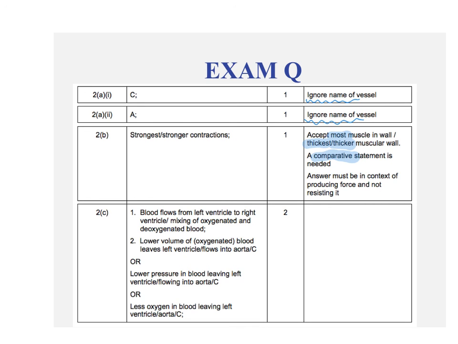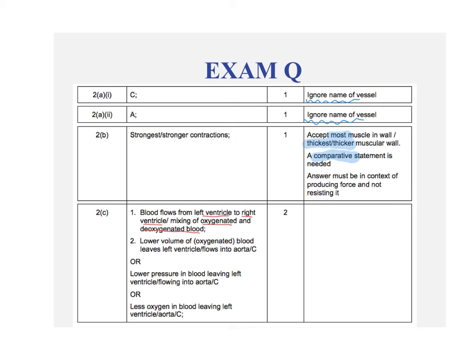2C was asking about the oxygenated blood in babies, or why they might not get enough oxygen to the system. And this is because blood flows from the left ventricle to mix with the right ventricle blood. And this is a mixing of oxygenated and deoxygenated blood. So both of those points, or either of those points actually, the mixing of the bloods or blood flow from left to right, is 1 mark.